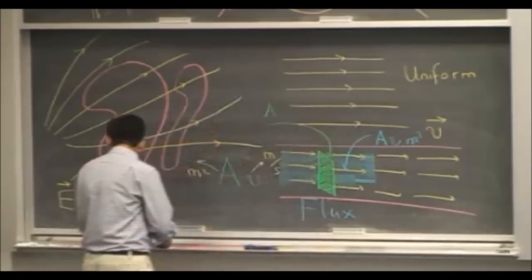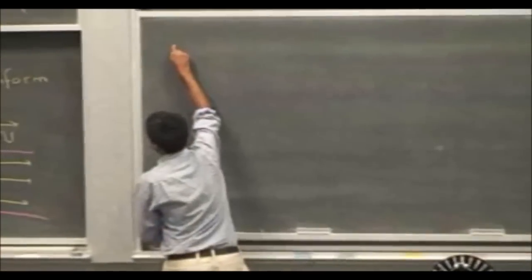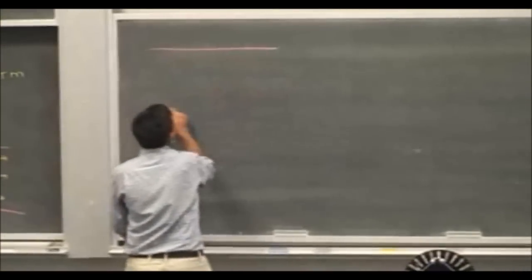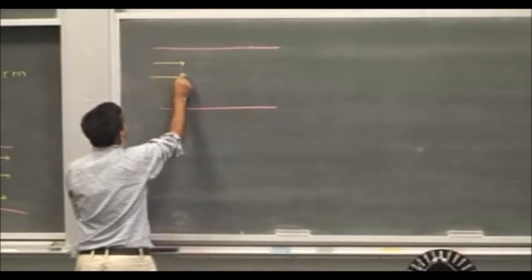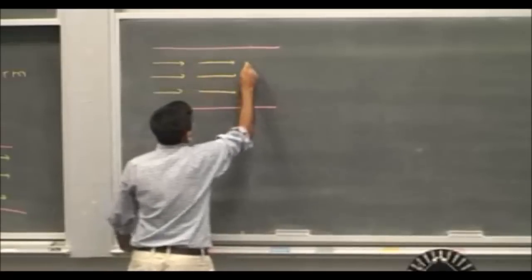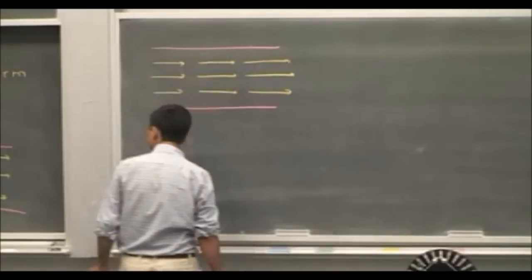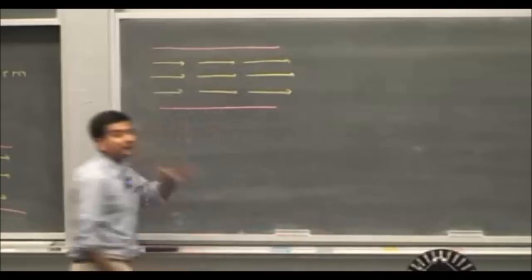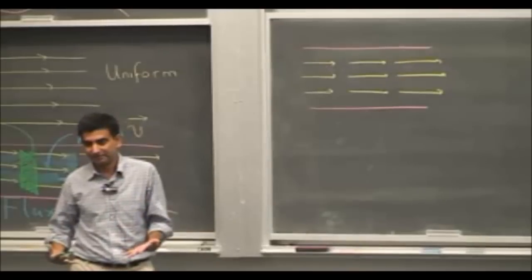Now suppose I have another situation. I take the same river, the same flow pattern, and I draw the same surface of area A meter square, but now I orient this surface differently.